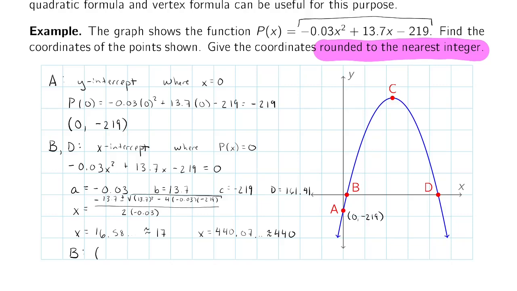So point B is 17, 0, and point D is 440, 0. So I'll label those. B is 17, 0. D is 440, 0.